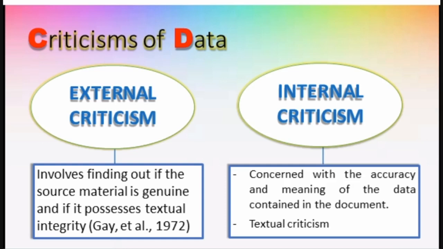So this is the difference: external is finding out if the source material is genuine, and internal is inside the source, finding out whether the information provided in the book is genuine. Can we believe this? And the second one is whether the information provided in the book is genuine. That is internal. External and internal.